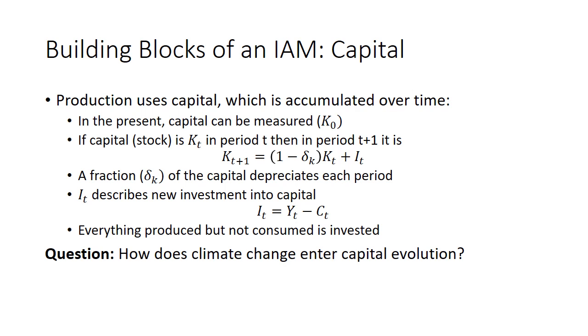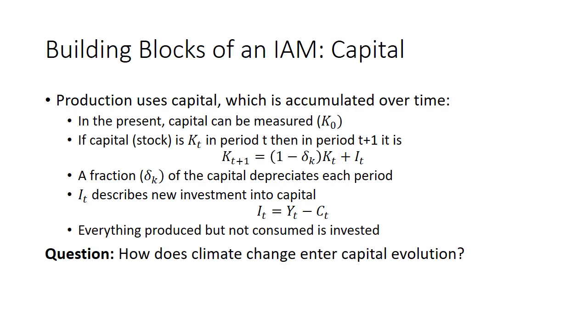If capital is KT in period T, then in period T plus 1, with T representing today and T plus 1 representing tomorrow, capital in period T plus 1 is equal to (1 minus delta) times K, where delta is a depreciation rate. Capital depreciates. It doesn't just sit there for an infinite amount of time. Some of it's just going to go bad, essentially.